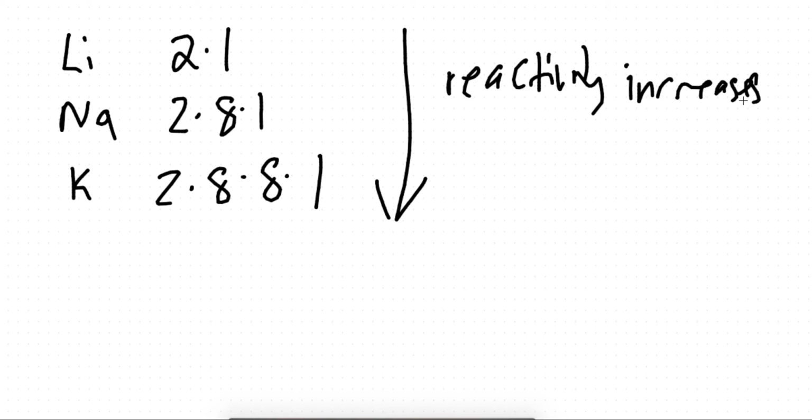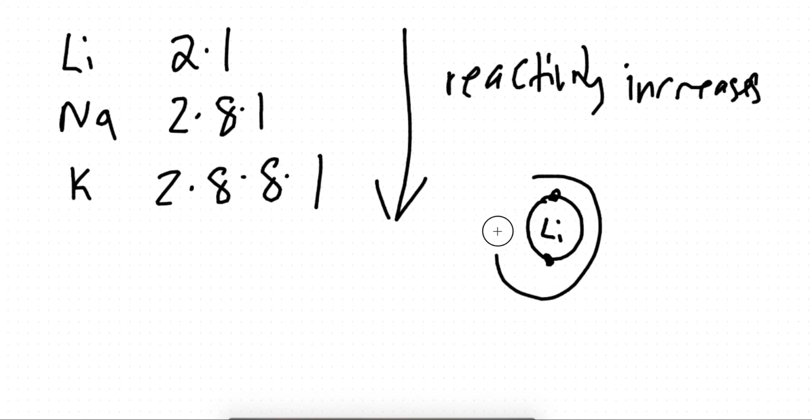And as we go down group 1, the atomic size increases, because more shells are filled with electrons. So think about this logically, guys. Let me draw out the shell for lithium. This is lithium, 2.1. Reactivity is based on the valence electron.